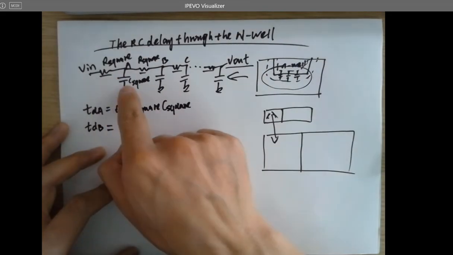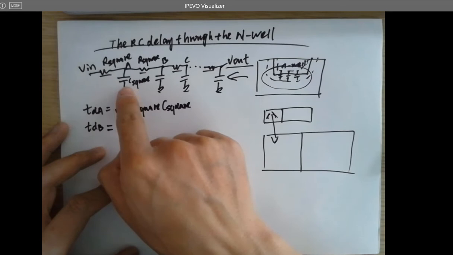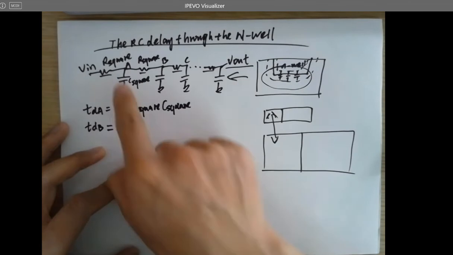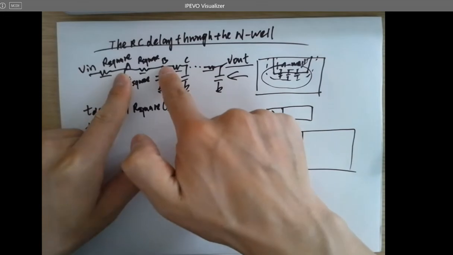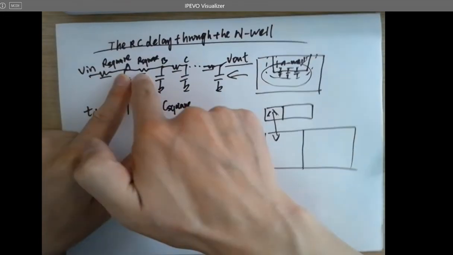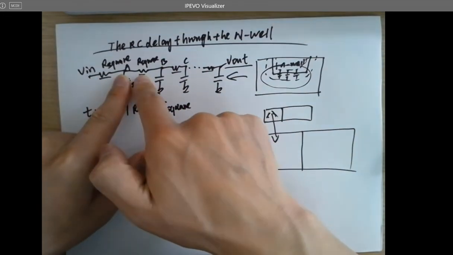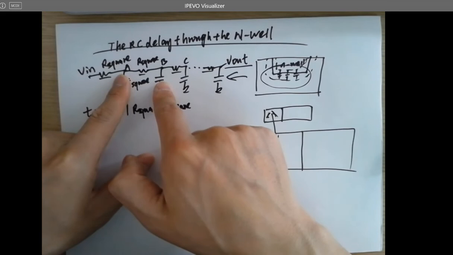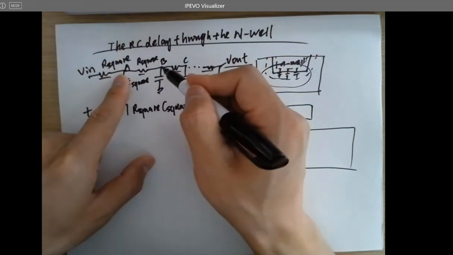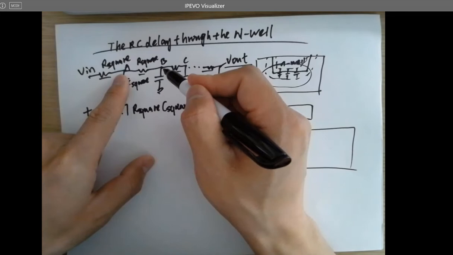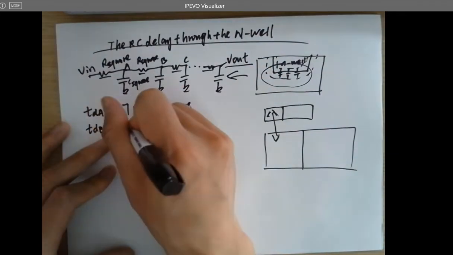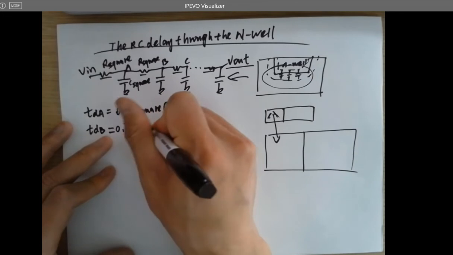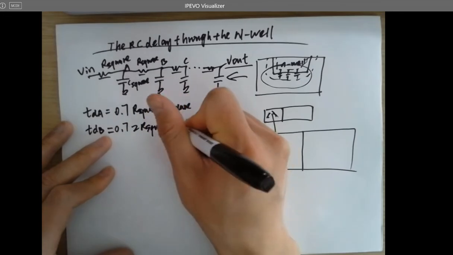Because the contribution of the time delay from the first capacitor has been calculated, we just ignore it. And the time delay from here to here involves two resistors and one cap. So it will be 0.7 times 2 R square C square.